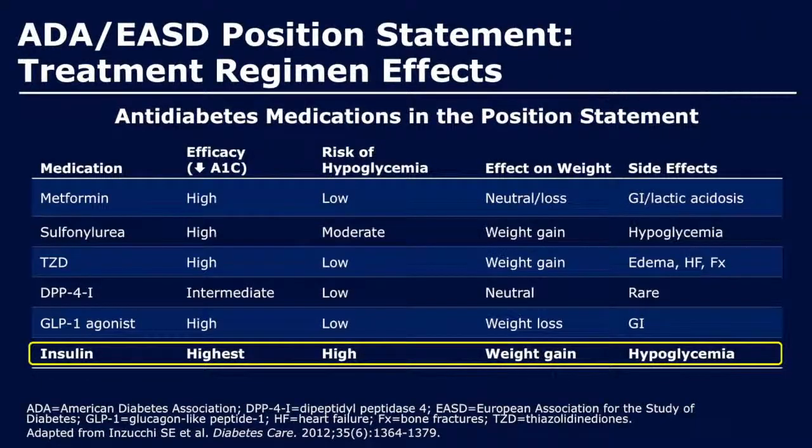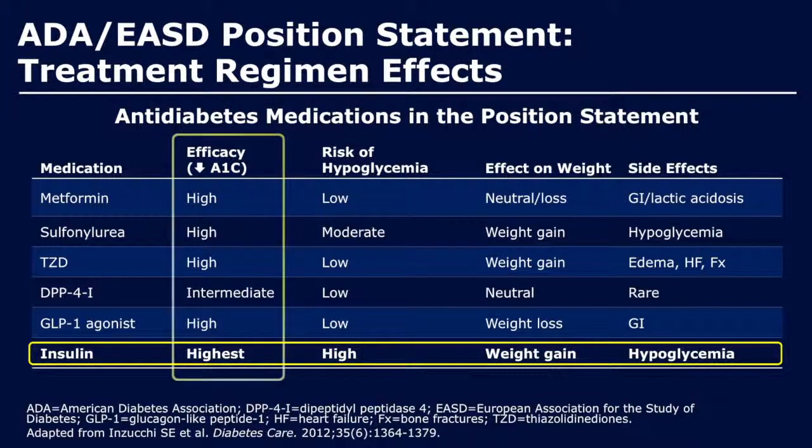The ADA and the European Association for the Study of Diabetes recently published a joint update to their position statements on treatment of type 2 diabetes, and in it addressed the various treatment options and their different effects on efficacy and safety.